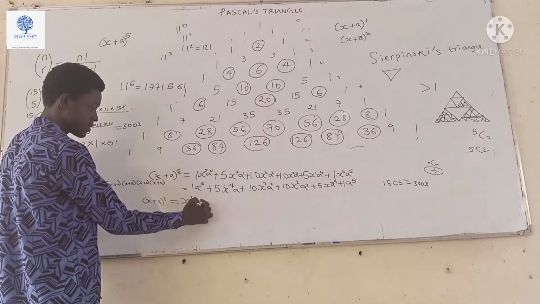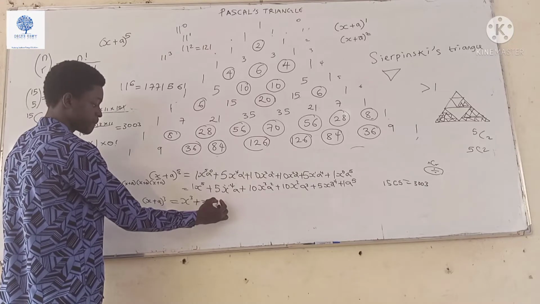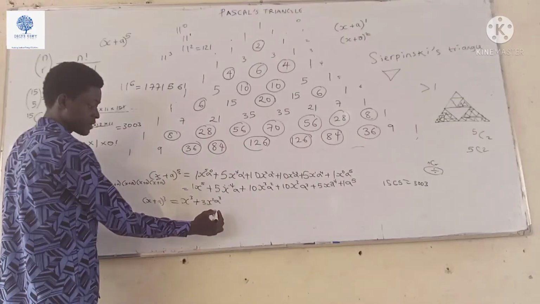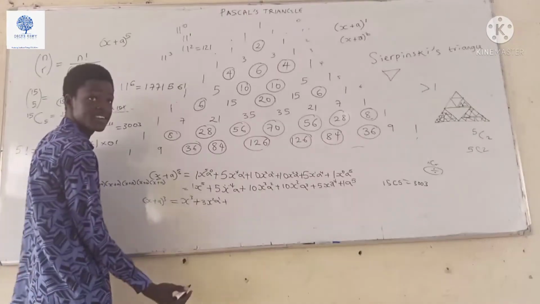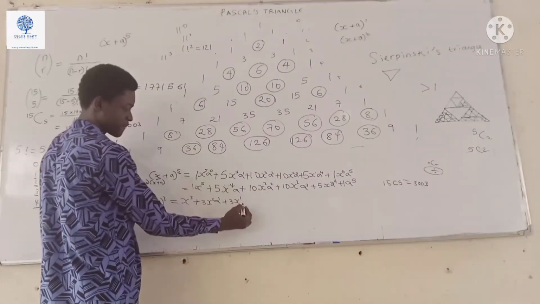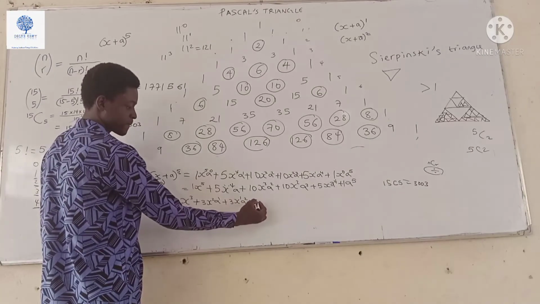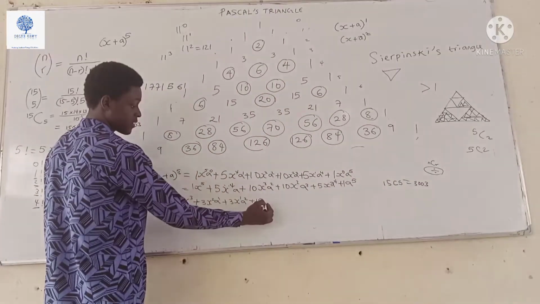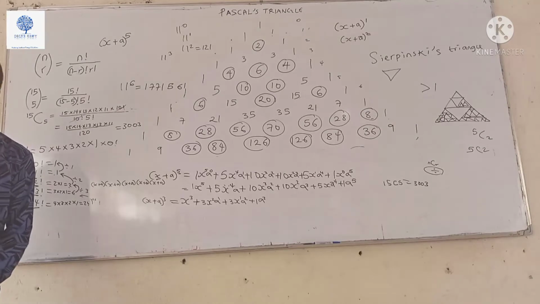Plus what? 3x to the power of 2 times a to the power of 3, plus 3 raised to the power. So this should be your final answer without doing too much calculation.